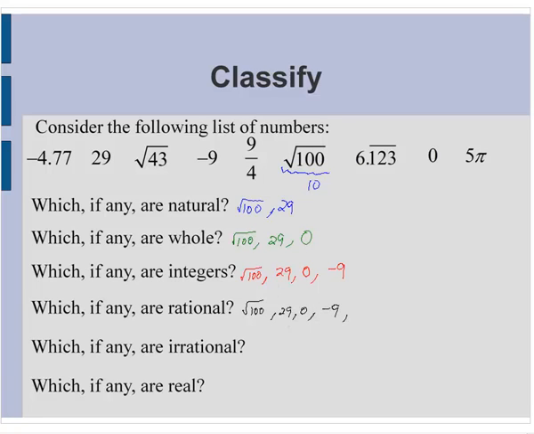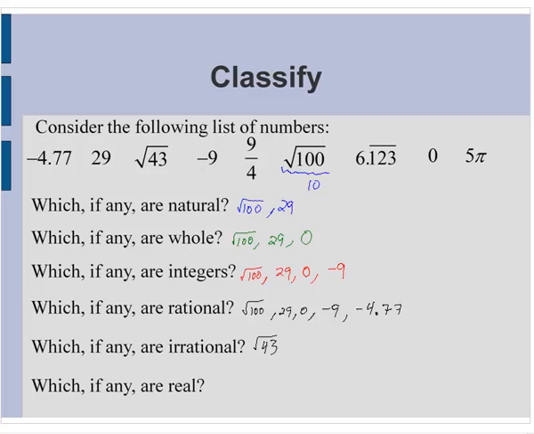Now, what about the others? -4.77, terminating decimal, rational number. We've already got 29. How about the square root of 43? 43 is not a perfect square, so it won't have a nice square root, so the square root of 43 is irrational. Hey, let's put it on the next list.